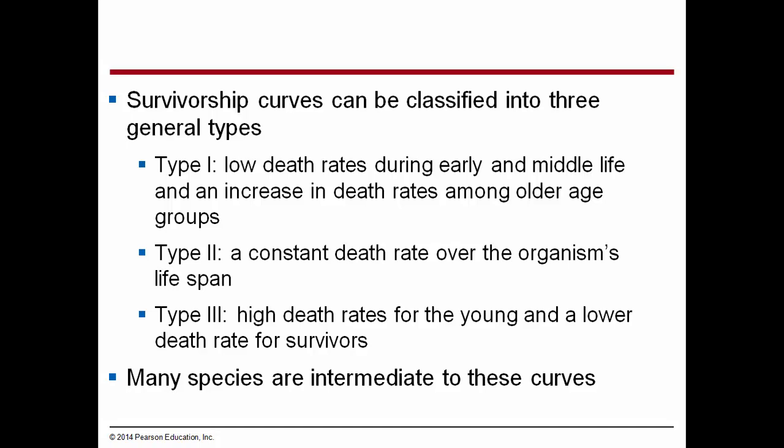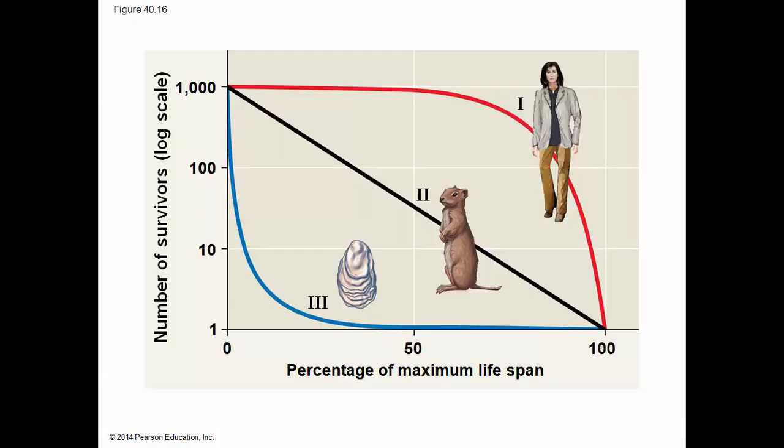So basically, type 3 is when you've got frogs that have lots of eggs, and they bank on just a few of those making it to maturity. Many species are intermediate to these curves. Okay, here's an example. Type 1 is the humans. We have a high degree of parental care, and we generally live into the later part of our life, and then generally speaking, we die of more natural causes.